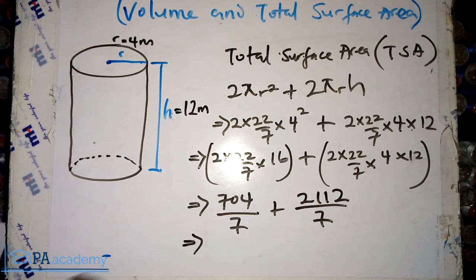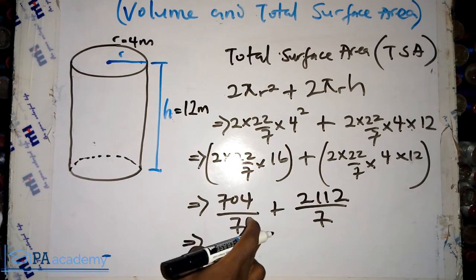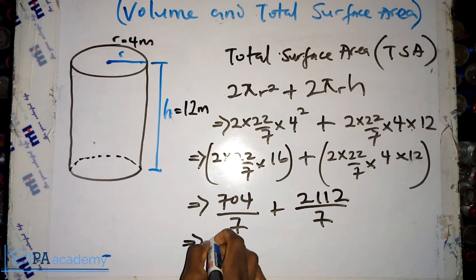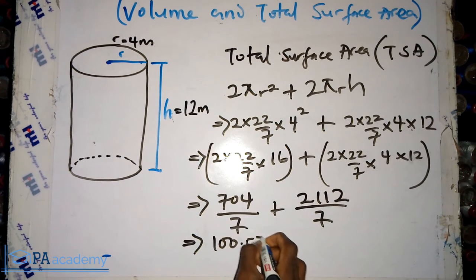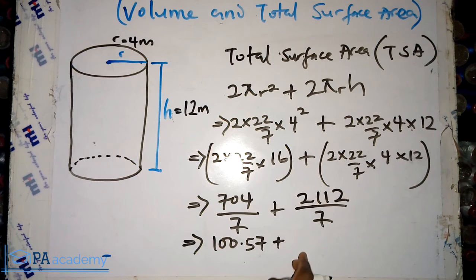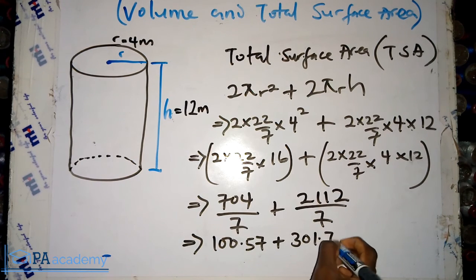So let's continue. Now 704 divided by 7 will give us 100.57, and plus 2112 divided by 7, that will give us 301.71.